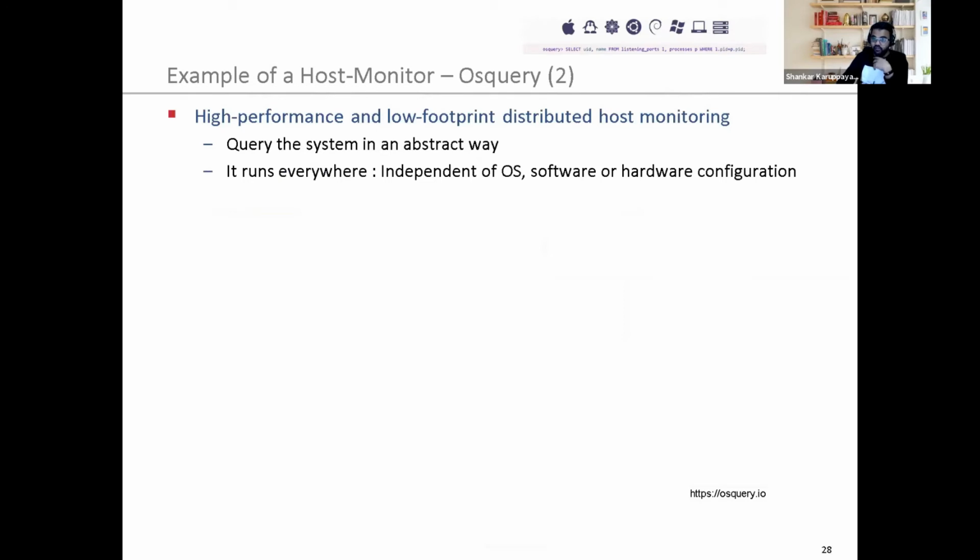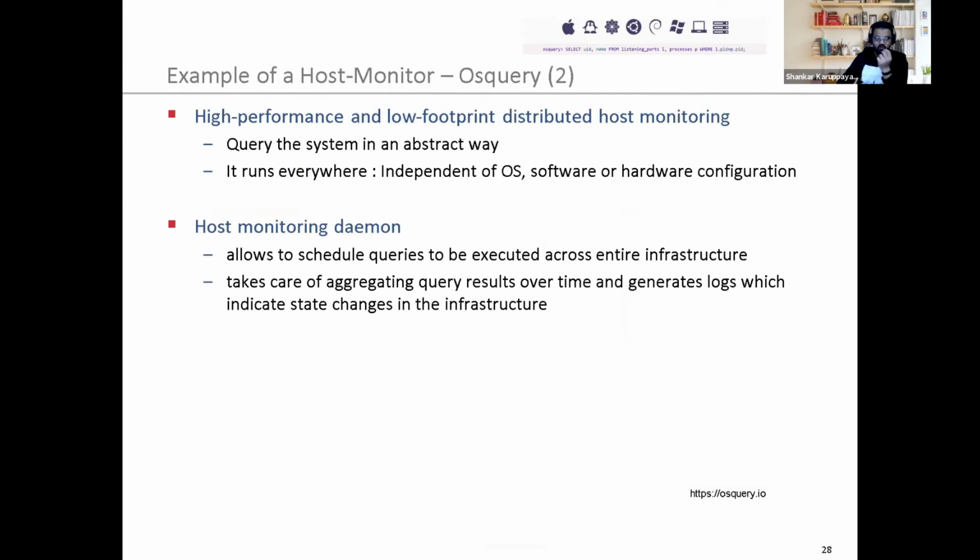And it's very high performance and uses only a low footprint in distributed host monitoring. So it queries the system in an abstract way such that it runs everywhere. So it's independent of the OS, software, or hardware configuration. You have a host monitoring daemon that allows you to schedule queries to be executed across the entire infrastructure.